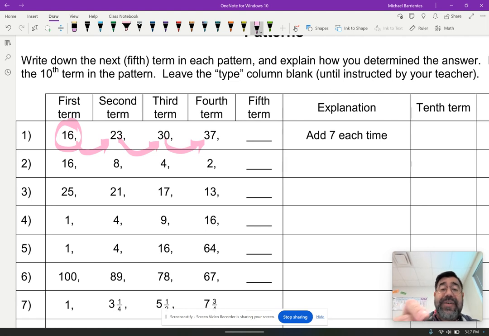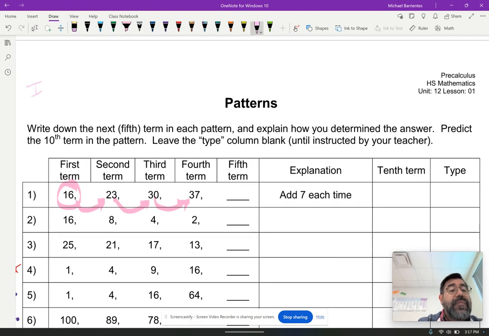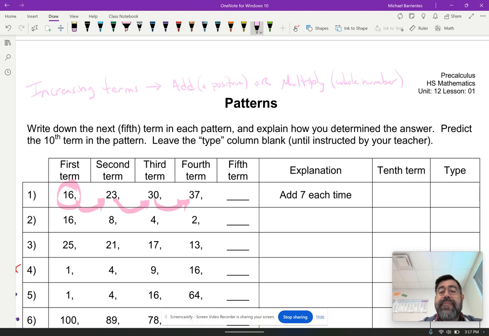Because if the numbers are increasing, or I guess I should say increasing terms, that means that I'm either adding, and when I say adding, a positive, or we're multiplying, and we're multiplying a whole number. So those are the two possibilities.